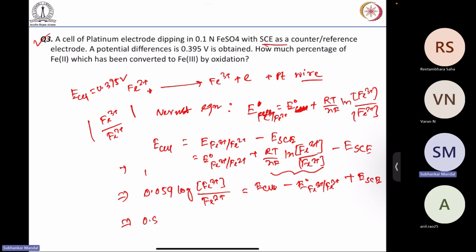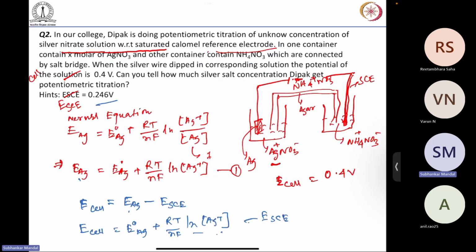So what will be 0.059 log of Fe3 plus by Fe2 plus? E cell, how much they have given: 0.395, and the standard potential is 0.77, plus the saturated calomel electrode, how much it is given here: 0.246.